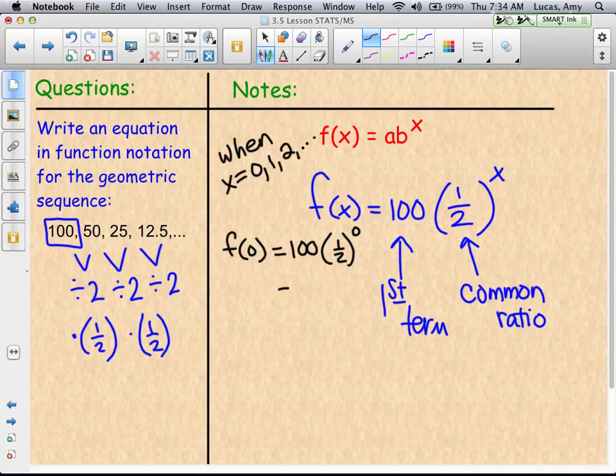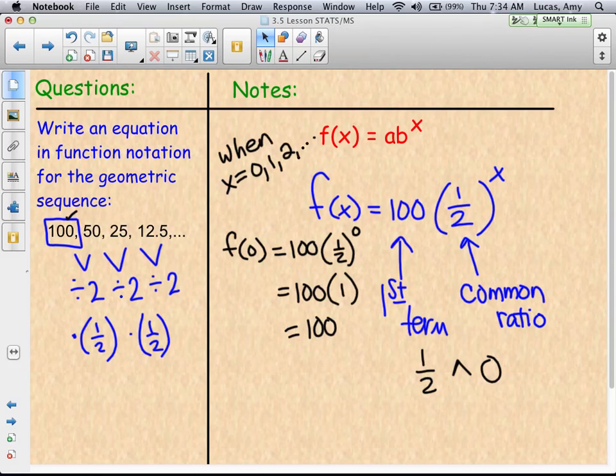Following the order of operations, I have to do that exponent first. 1/2 to the power of 0. So that means like the number 1/2 or even 0.5 to the power of 0. If you put that in your calculator, you will find out that it equals 1. So 1/2 to the power of 0 is 1. Now 100 times 1 is 100. So my first term is 100.